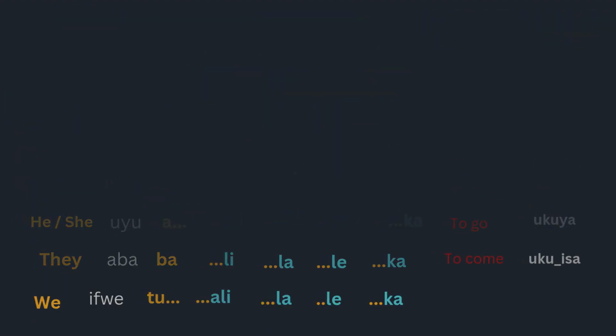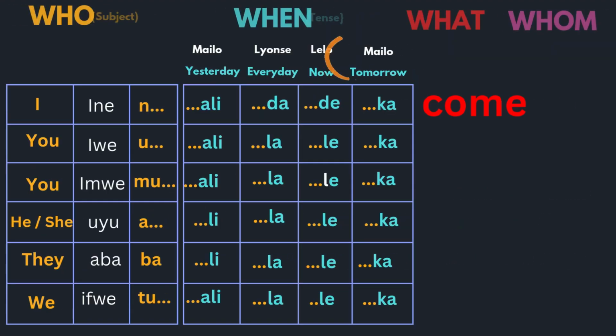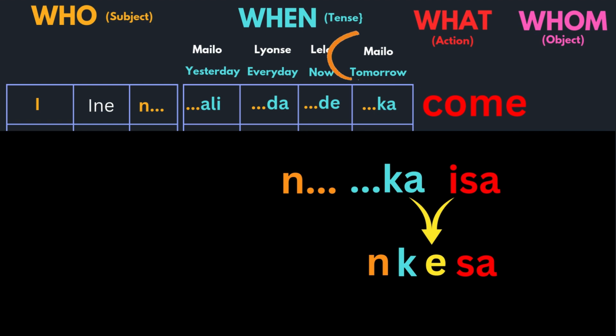That gives us the clue as to whether it is yesterday or tomorrow. Tomorrow is ka. So Nkesa mailo means I will come tomorrow.